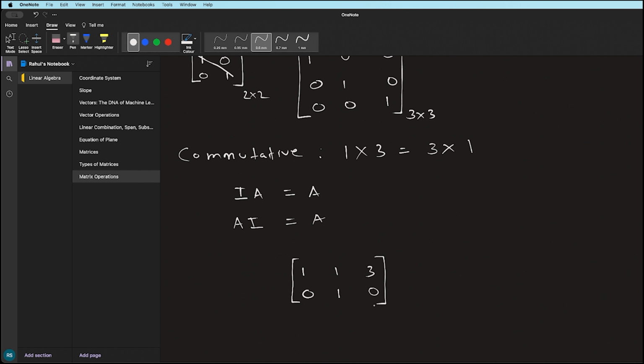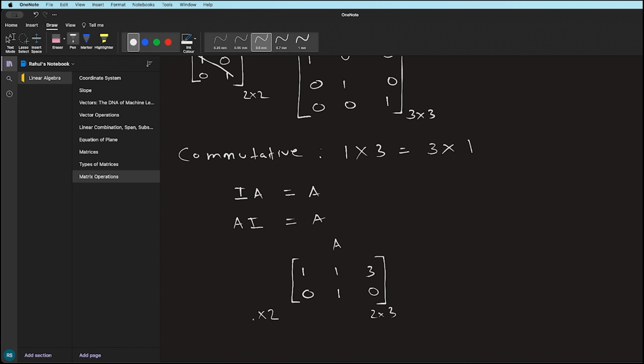This is a 2 cross 3 matrix, and suppose it is denoted by A. To establish the matrix multiplication, the matrix I must have the number of columns equal to 2.